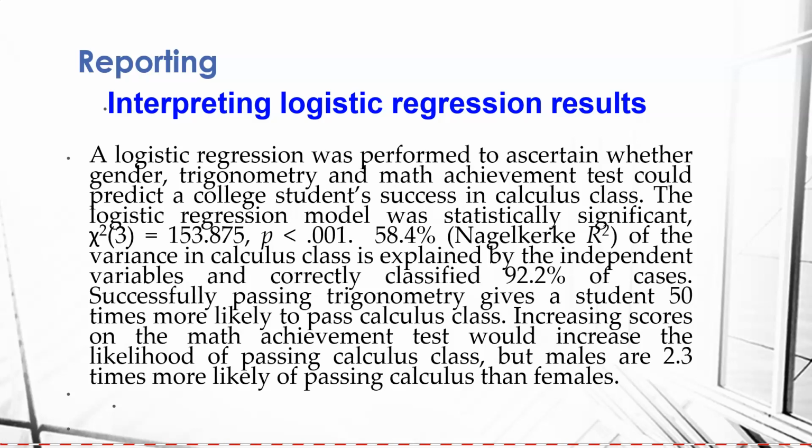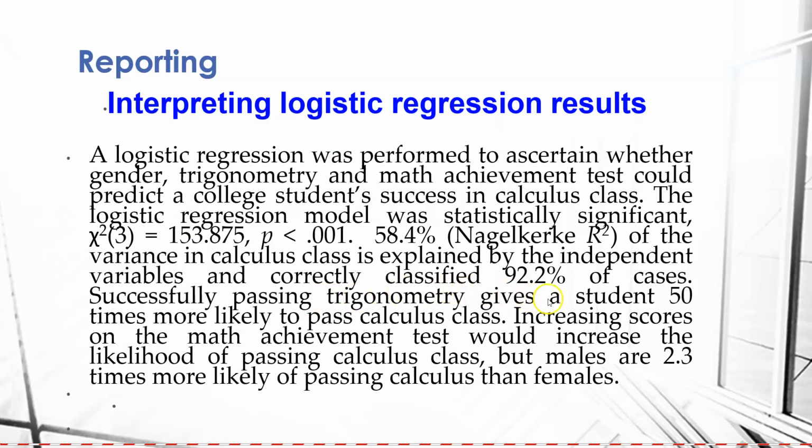You can see the chi-square, the degree of freedom is 3, and the chi-square we have here is 153.875, and the probability is 0.001, which is less than 0.05, and 58.4% of the variance in calculus class is explained by the independent variables and correctly classified 92.2% of the cases.